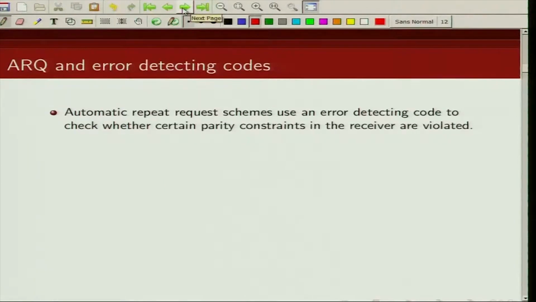Now what is the role of error detecting codes in ARQ schemes? An automatic repeat request scheme uses an error detecting code to find out whether the packet that we transmitted over the communication channel has been received correctly or not. At the transmitter, we encode the information sequence using an error detecting code and transmit it over the communication channel.